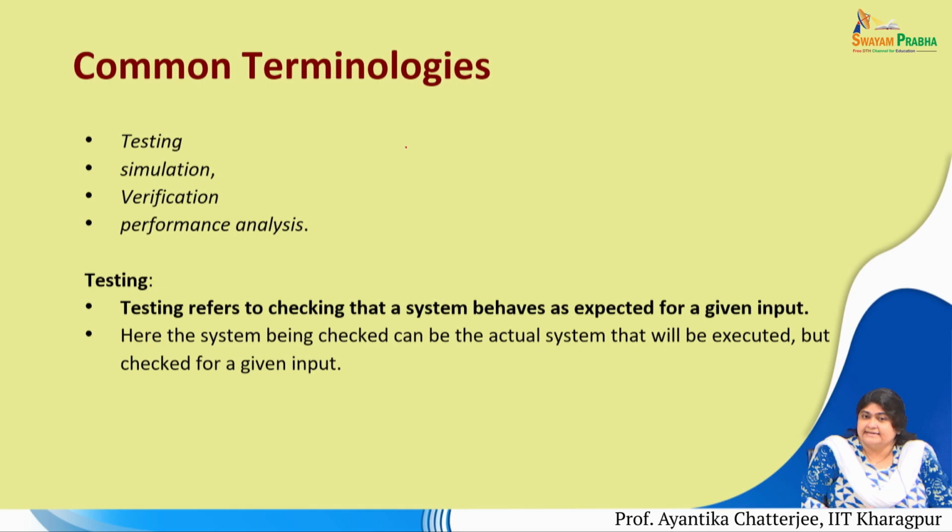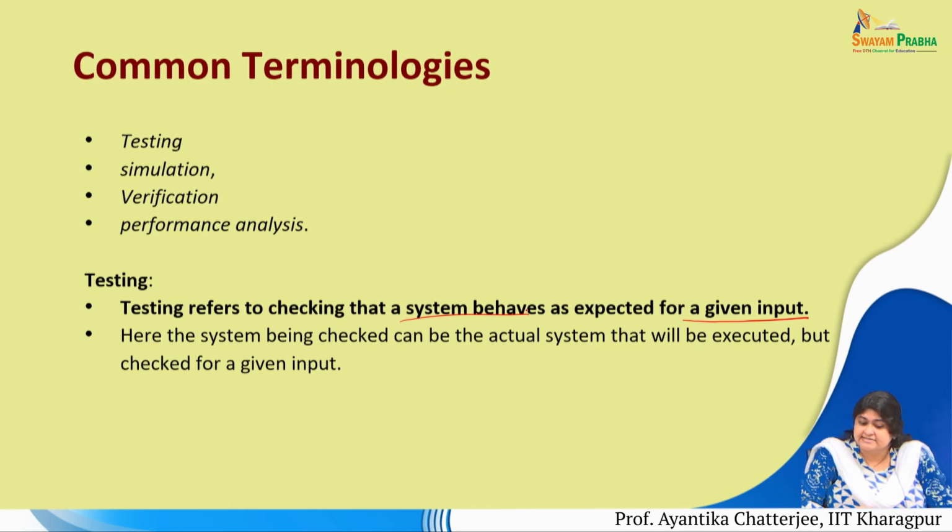As the definition suggests, testing refers to checking that a system behaves as expected for a given input. A few important points to note: we are giving some particular input, or a set of inputs to be specific, and we are testing them on the system.